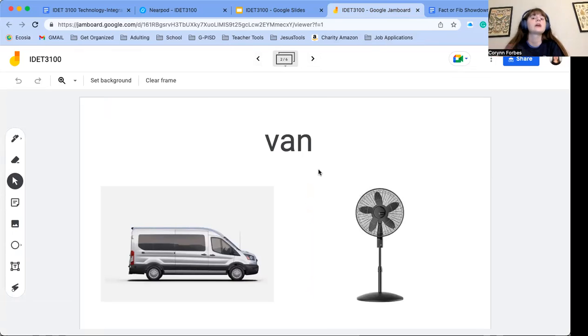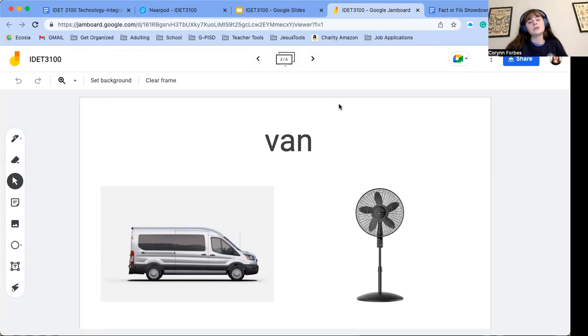I would provide opportunities for every pair of students. Students will be pairing up for this activity, not only to have assistance with each other, but also to minimize how many words we would have to go through. So again, students would have to see the word, circle the picture.